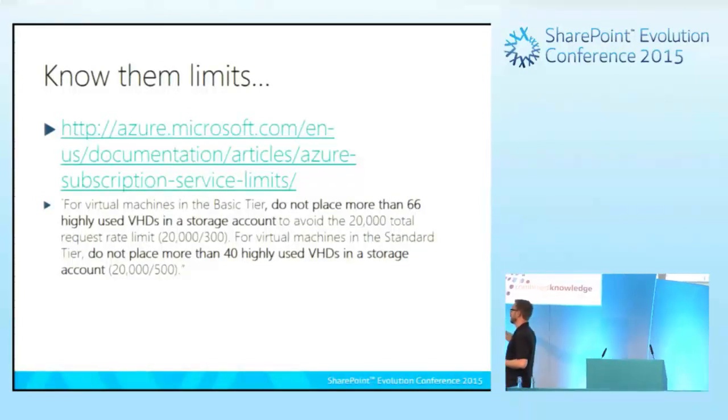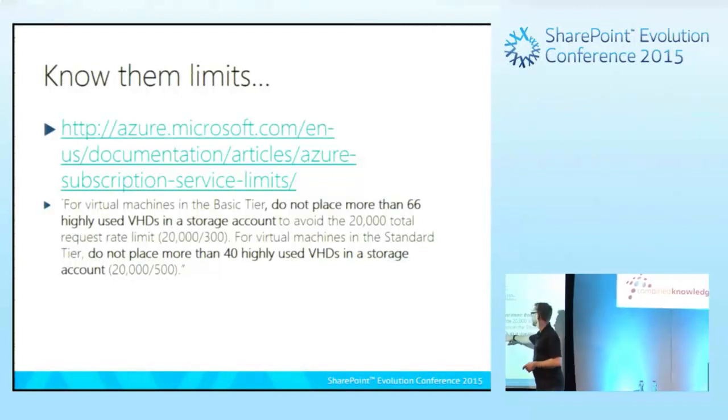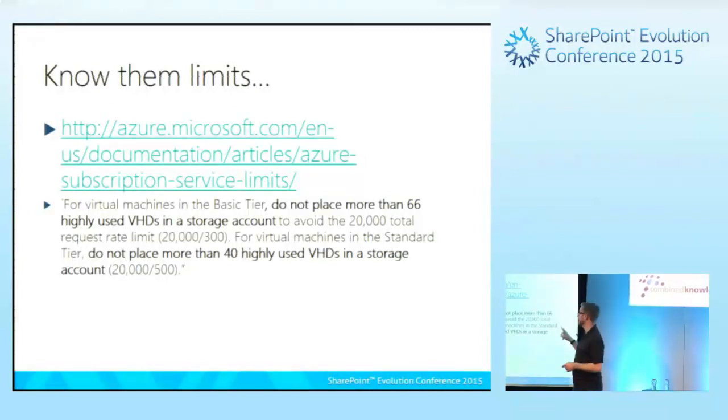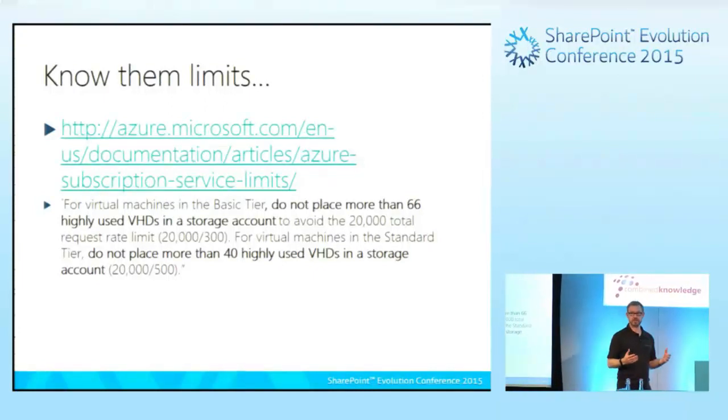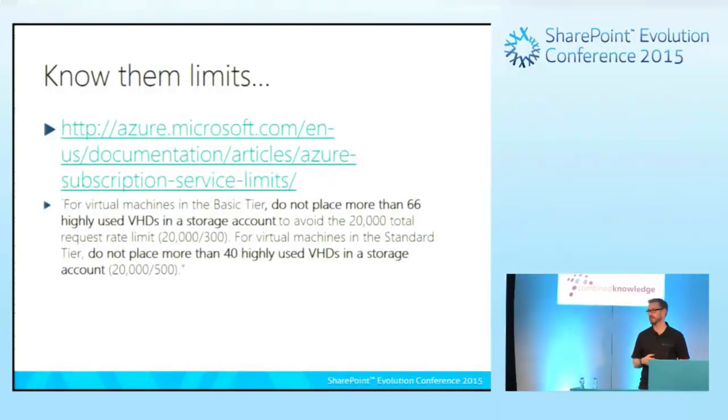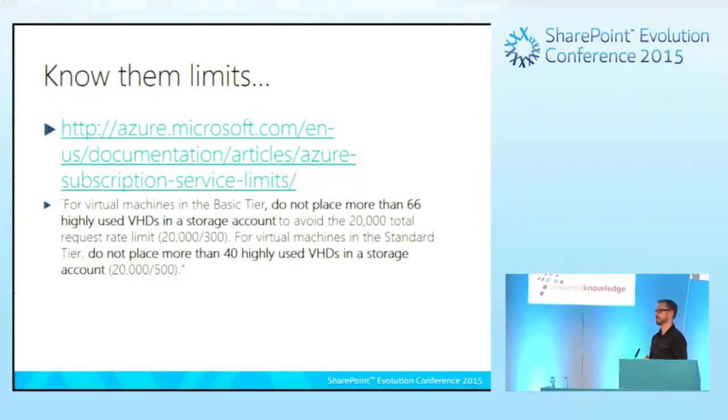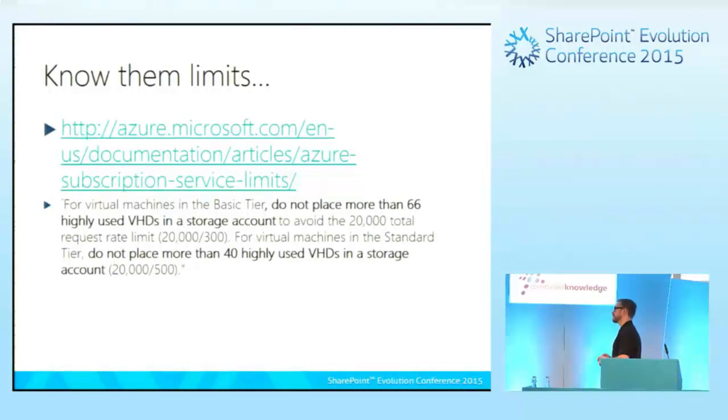And basic is 40 highly used VHDs for the standard account, which is 500 IOPS. So that's perhaps 4 servers. If it's 4 search servers, it's not that big. It's not a big search server farm. So imagine when you have a search server farm with 50 servers, you need a lot of storage accounts and do that kind of planning as well.